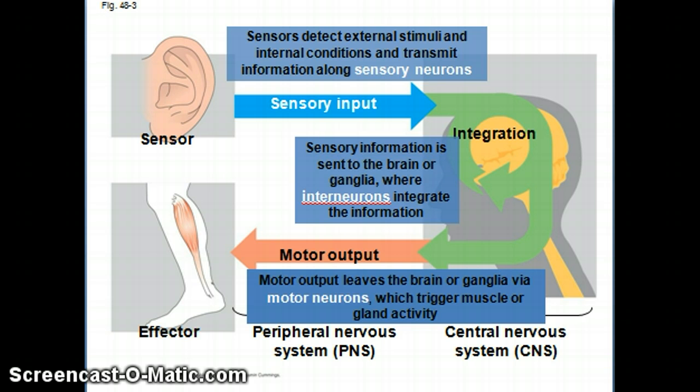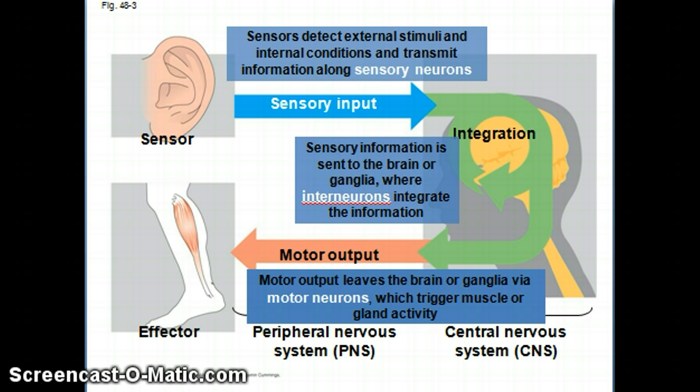So they provide sensory input. And then that sensory input goes to a processing center. And that processing center for mammals is going to be the brain or the spinal cord, where the interneurons are going to process or integrate the information from the sensory neurons.